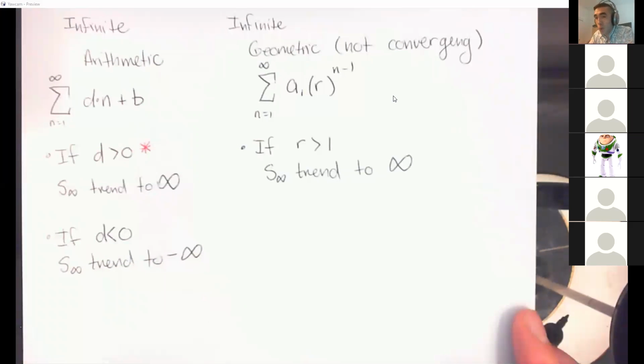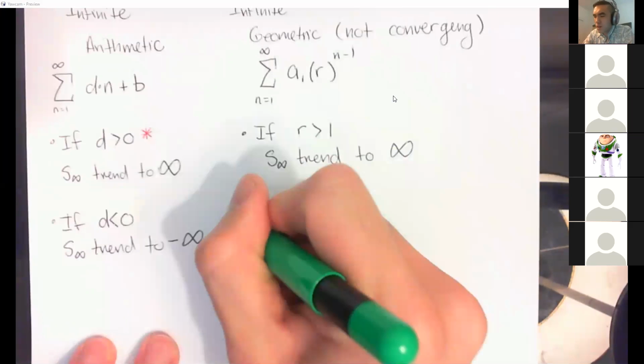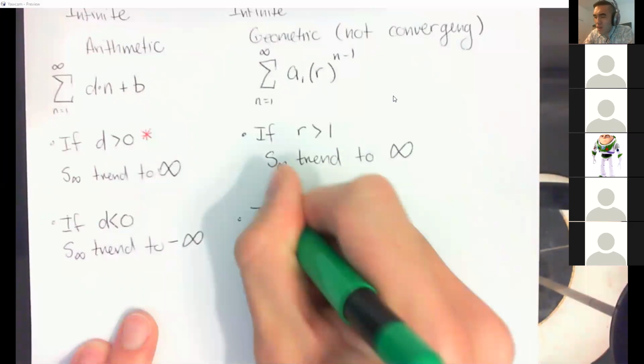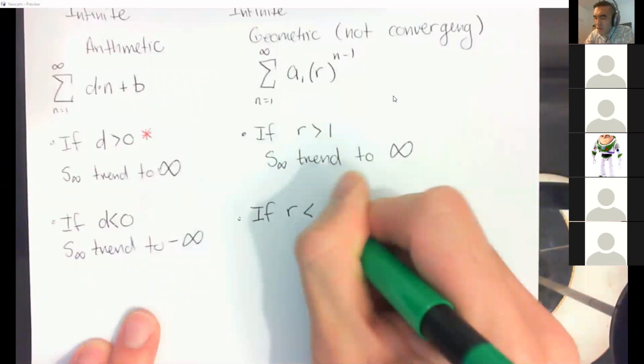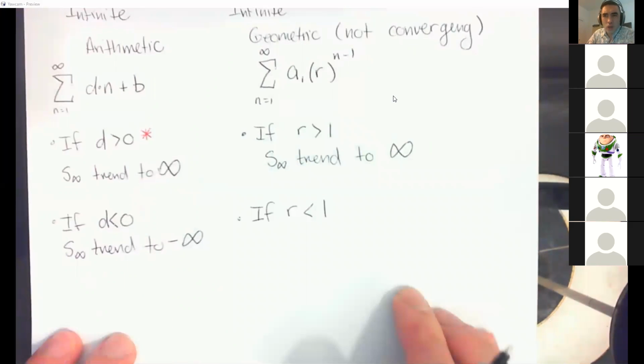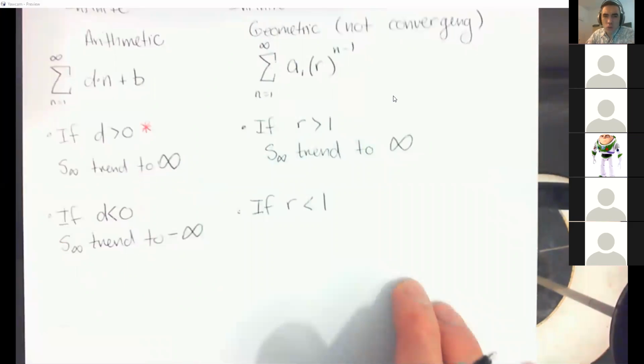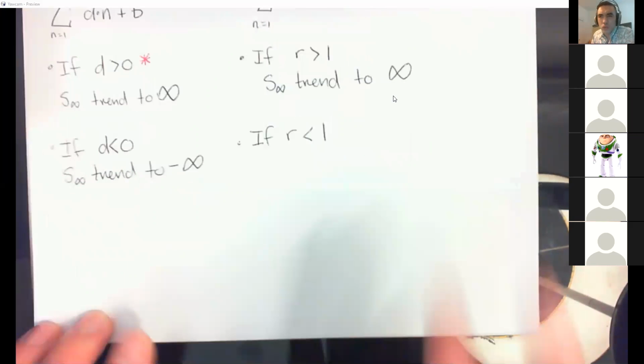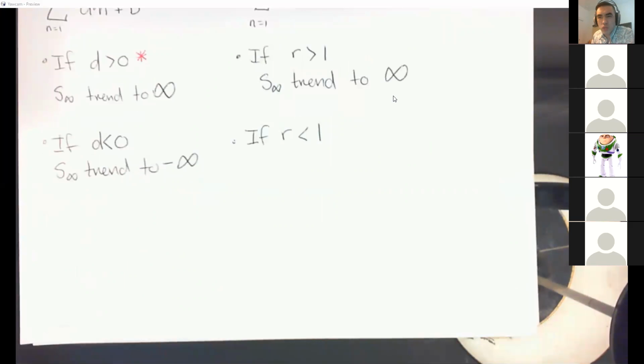And now here's what's even wilder. What happens if r is less than 1? So what if you are doing some sort of summation where you have a negative common ratio? What happens to the numbers when you do a geometric sequence with a negative r? What's true of the signs?